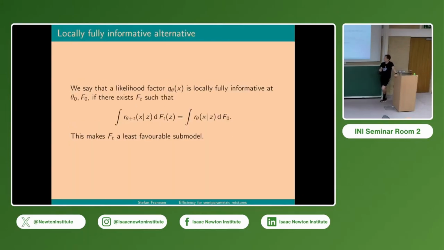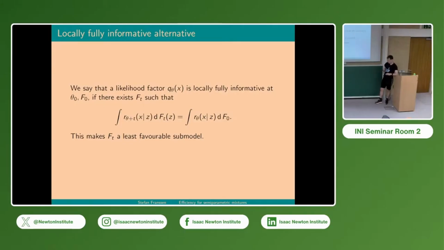So then Bruce Lindsay wrote down a condition, and this is sort of on the remainder. And this states that suppose this factor can be written so that this r theta satisfies this condition.